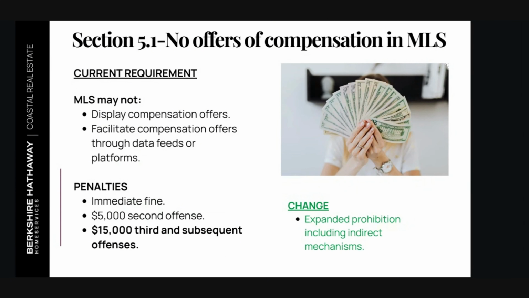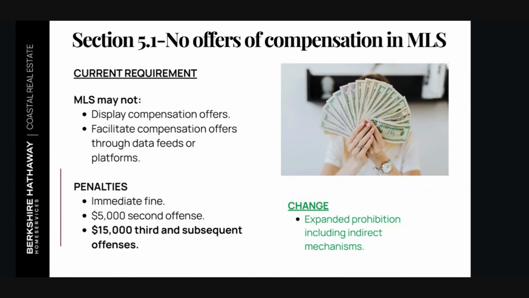The MLS also may not facilitate compensation offers through data feeds, platforms, or any MLS-supported mechanism. Now, there are significant penalties tied to this rule. A violation carries an immediate fine. A second offense carries a $5,000 fine. And a third and subsequent offense carries a $15,000 fine.